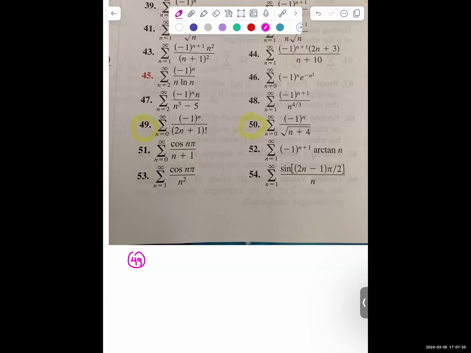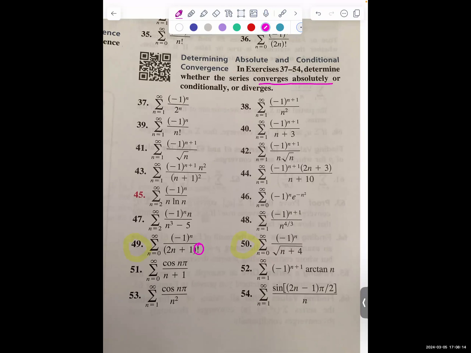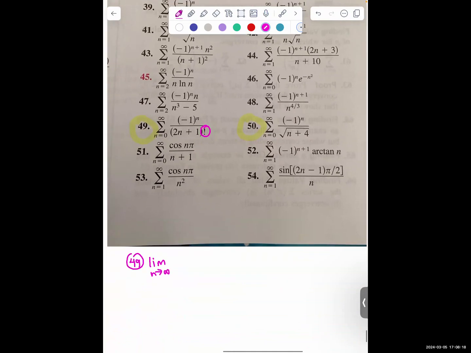Anytime you see a factorial, in our notes I made sure to mention that you want to do the ratio test on it. And in doing the ratio test, I noticed that I don't have an x in this, so this is not finding the interval of convergence. It's just stating whether that particular series is convergent absolutely, conditionally, or diverges.